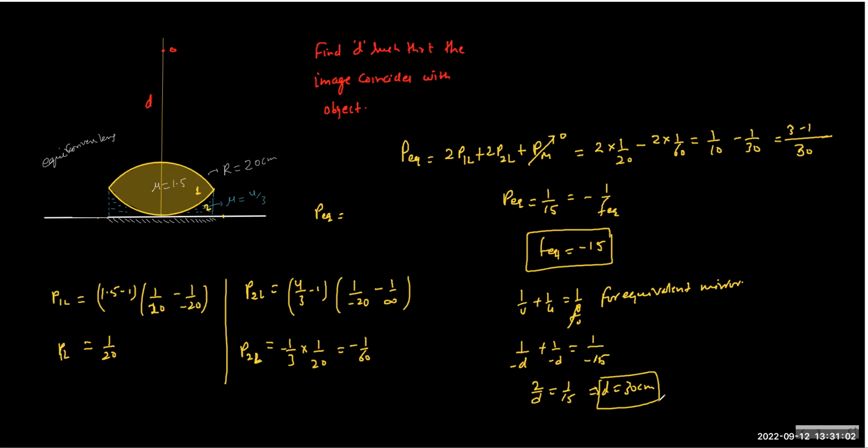So D equals 30 centimeters is the answer. And in fact, if they say some other location, this is the best way to go ahead. Okay, so you understood the process? Yes.